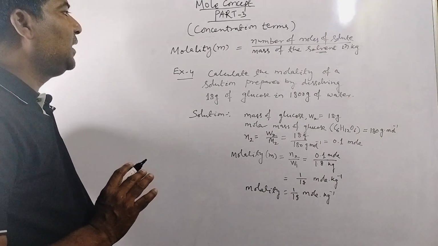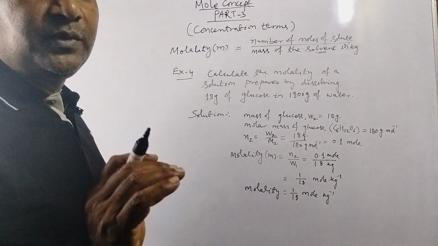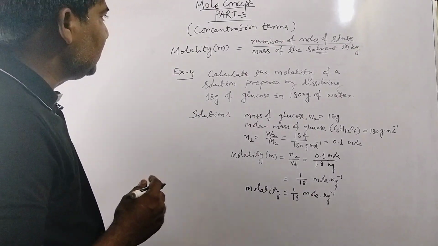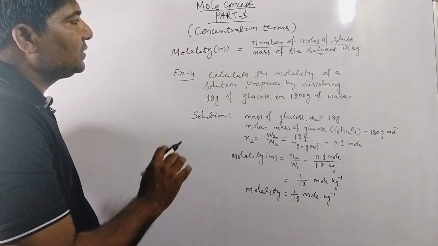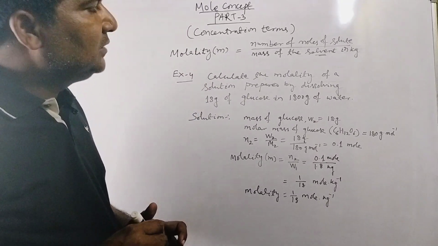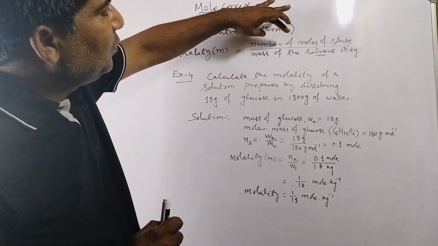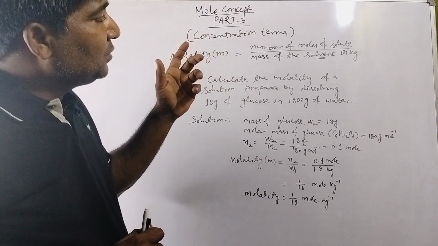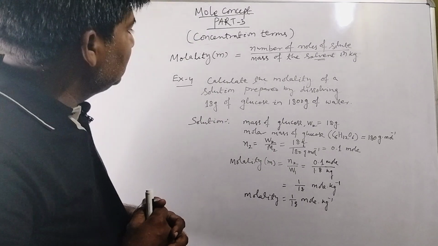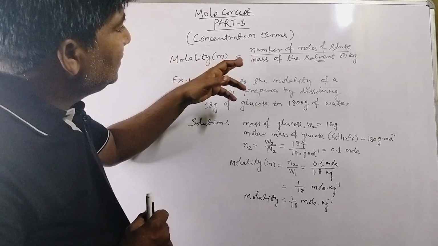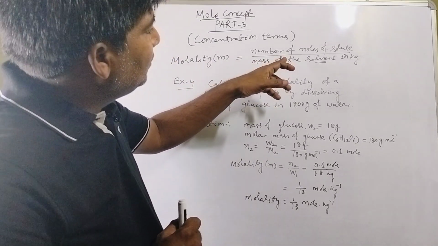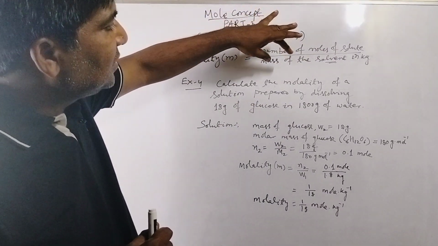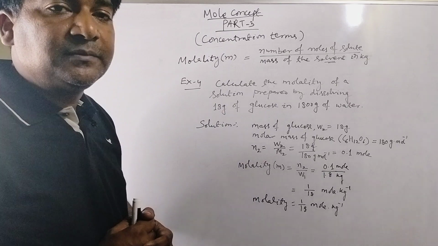Okay. There is a very notable point. Out of molality and molarity, which one is not dependent upon temperature? So here the answer is molality, because in case of molarity, the numerator is number of moles and denominator is volume of solution, but volume of solution changes with temperature. But in case of molality, here the number of moles of solute is same as that of molarity, but mass of solvent in kg doesn't change.